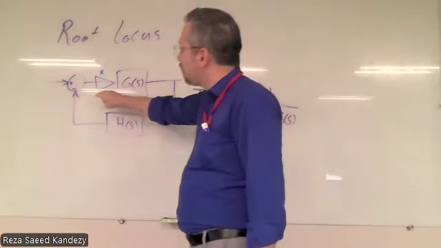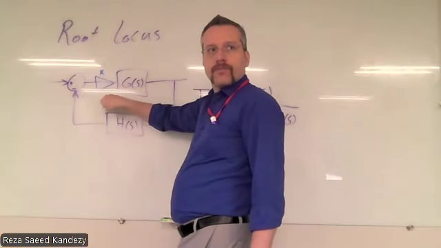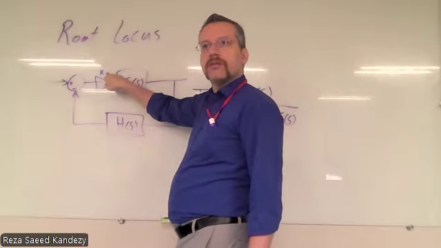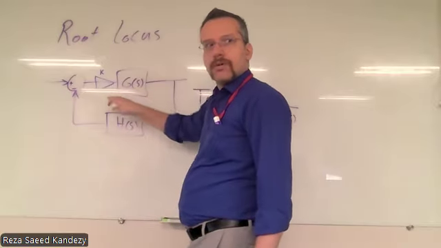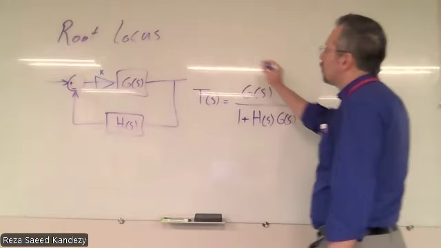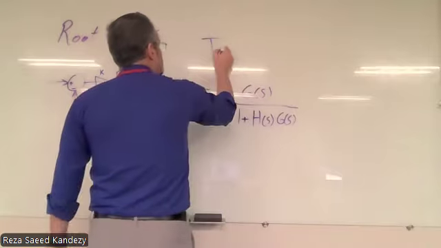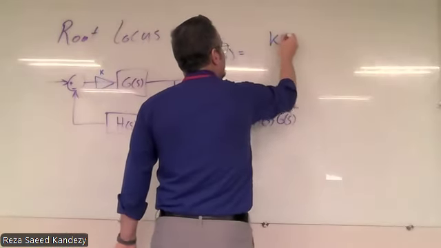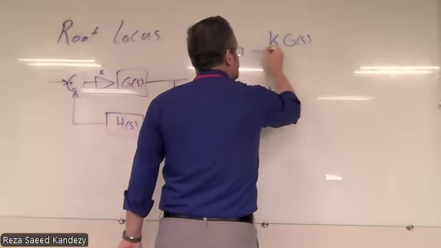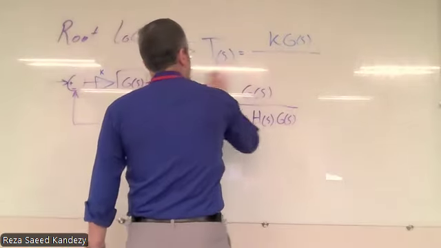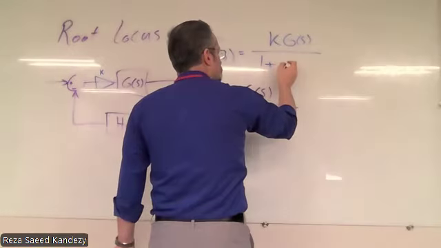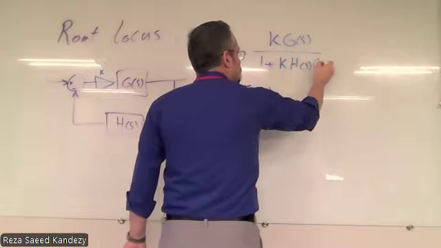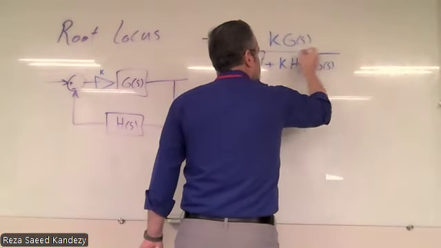Now, if we have such a system, where K is the gain added to that system, our transfer function would change simply to K G of s, and the denominator becomes 1 plus K H of s G of s.